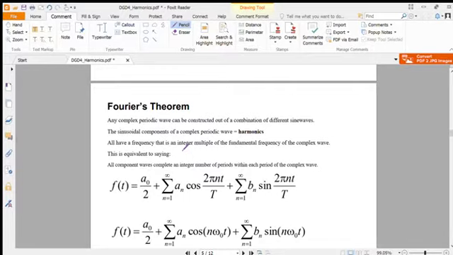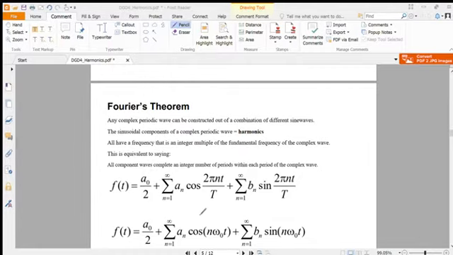So the Fourier transform can be used for harmonic analysis. The same principle is here. If we divide the sinusoidal components of the complex periodic wave, then we will get the fundamental component as well as the harmonic components, and the harmonic component is an integer multiple of the fundamental frequency.